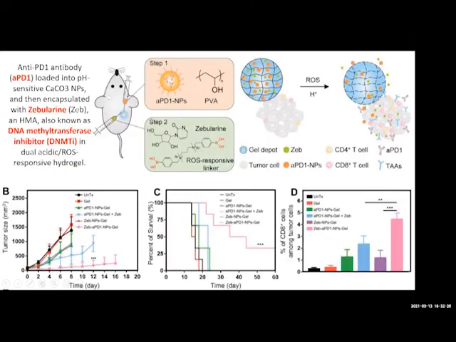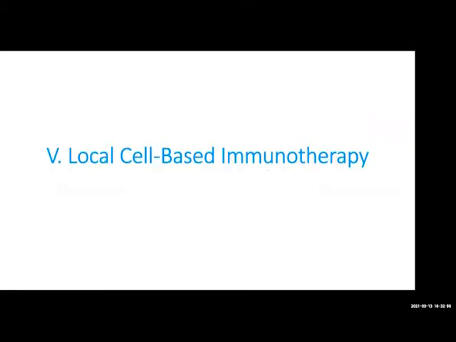Zebularine induces hypomethylation, like Dr. Hazem explained. If we combine it with PD-1 antibody in the same nanoparticle, this can be a very effective therapy and increase the effect of PD-1. Here the nanoparticles act as a targeting agent so that we can make more selective targeting to certain types of cells rather than other cells in the tumor microenvironment.